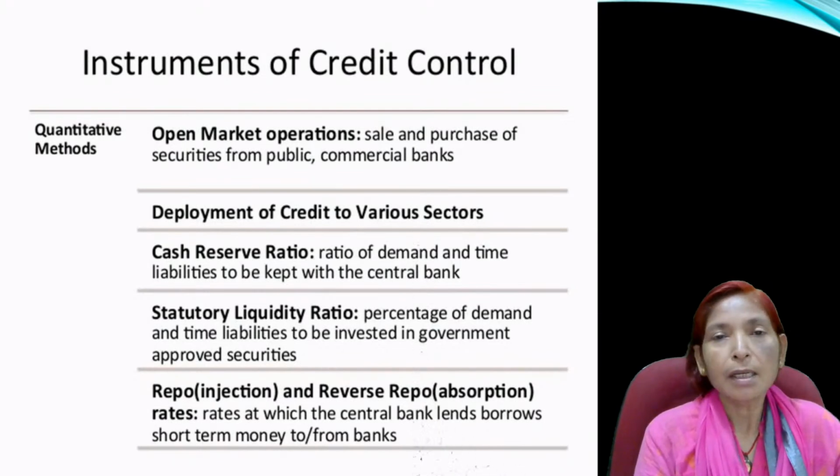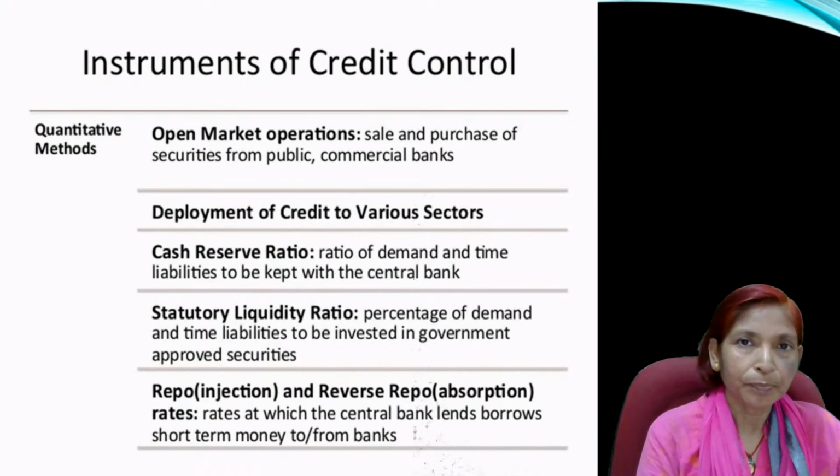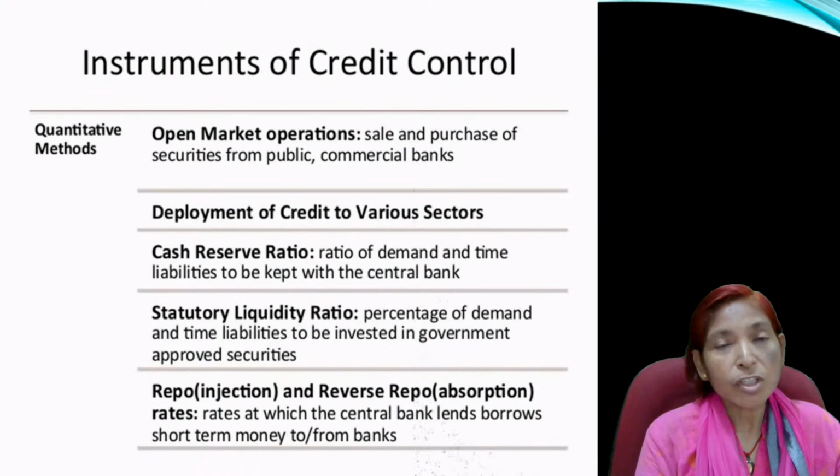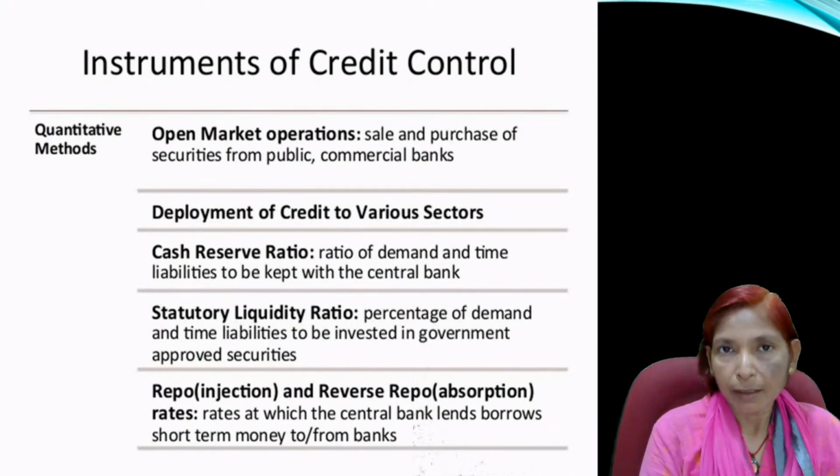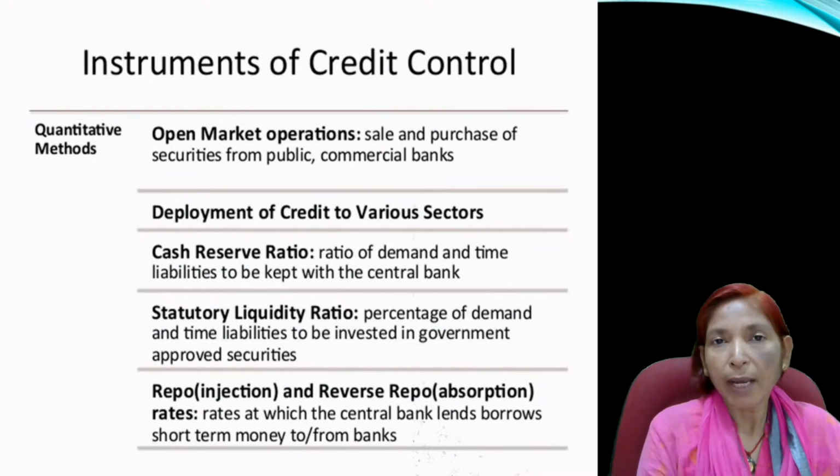What is CRR? CRR is cash reserve ratio. The cash reserve ratio is the minimum amount which every commercial bank has to keep with RBI. You know that a commercial bank is the public bank and RBI is the bankers' bank, the government bank.